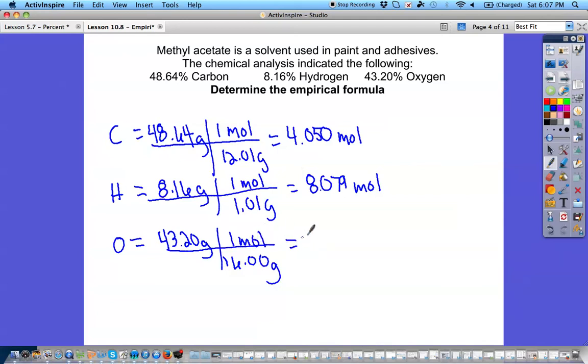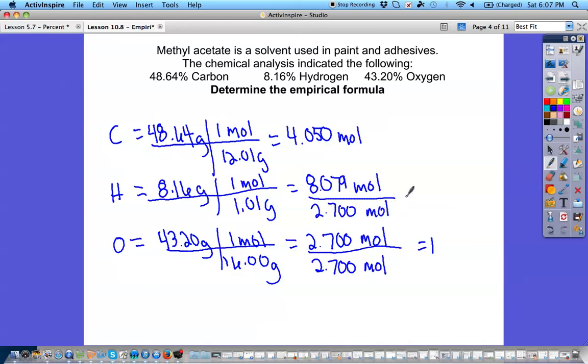And then here I got 2.70 moles. So this is my smallest number of moles, so we're going to divide all of our moles by that number. This I got 2.99.